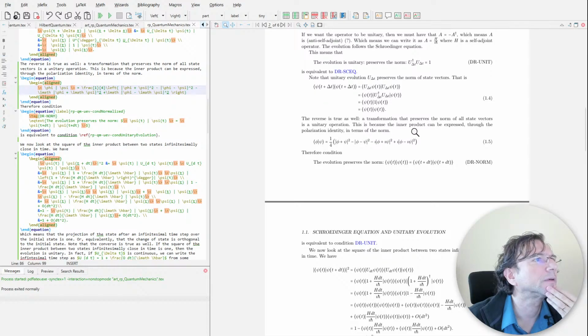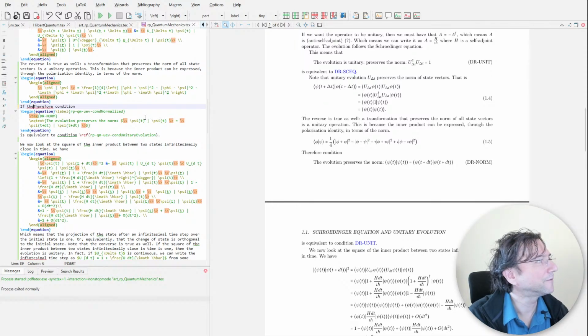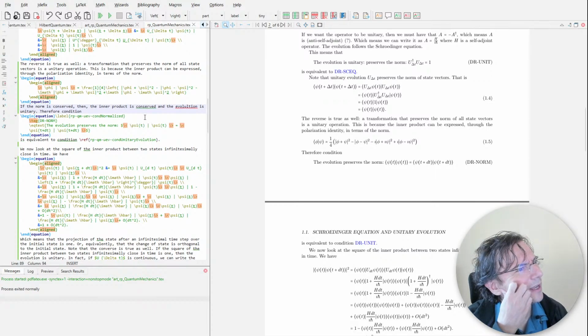Okay, this is because there can be a spare. So I have to say that if the norm is conserved, then the inner product is conserved and the evolution is unitary.